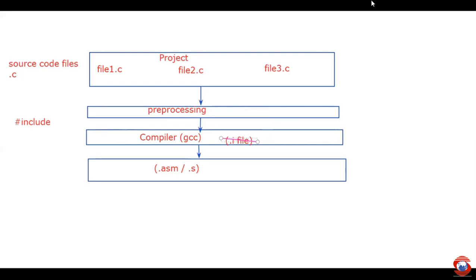But before the assembler works on this ASM file, immediately after that, one OBJ file is generated. What is an OBJ file? It is called an object file, right?